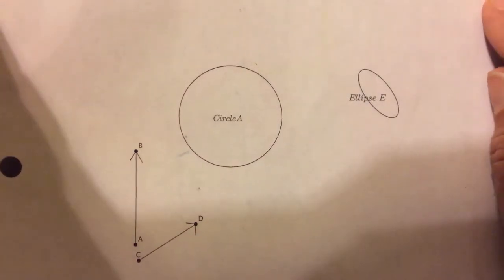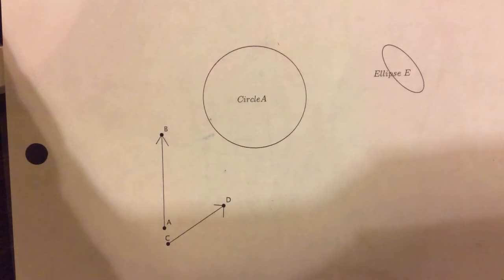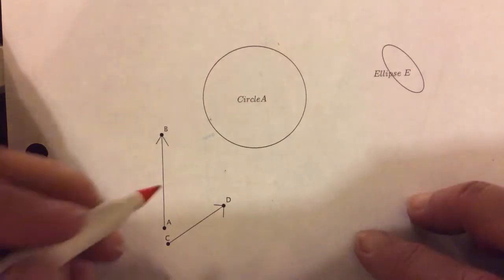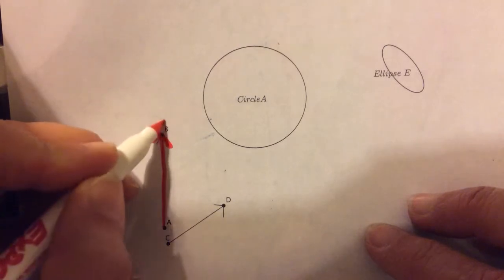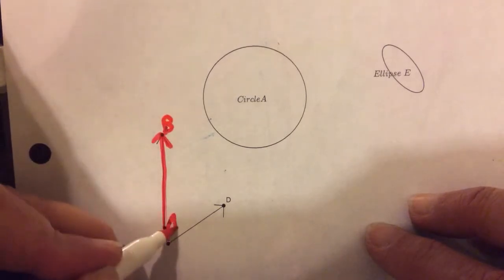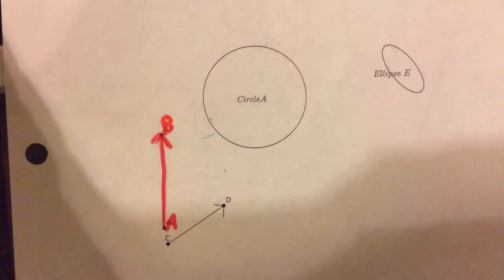I don't have a lot of field of view right now. So we're first using vector AB. So I'm going to trace AB. And let's get circle A here.